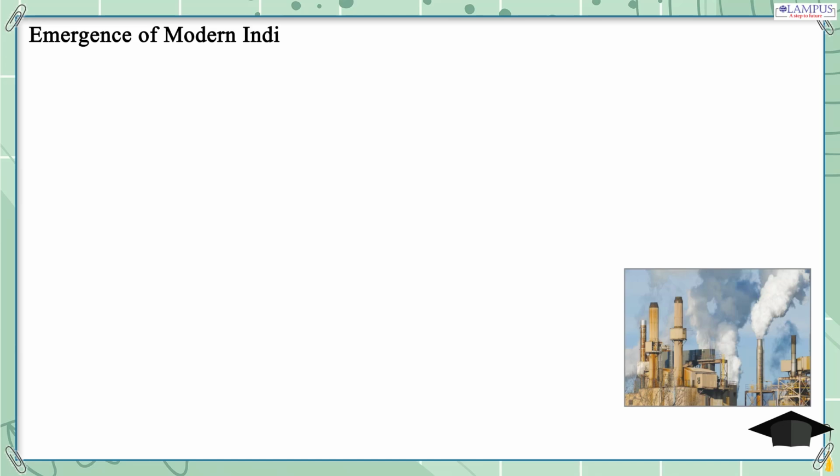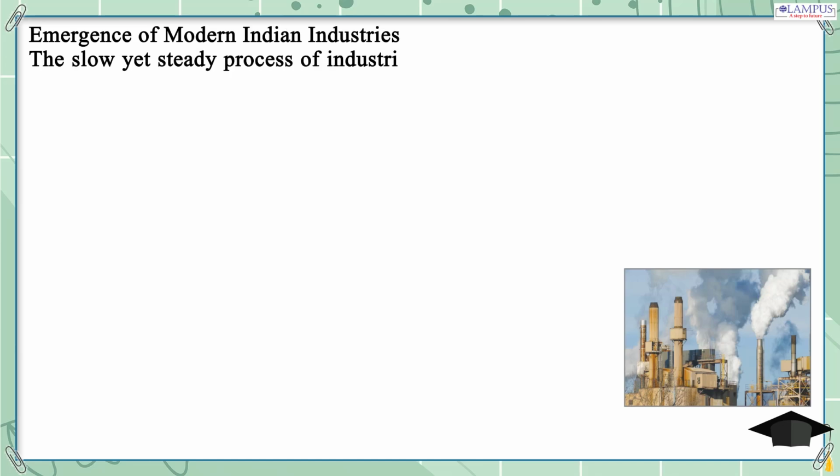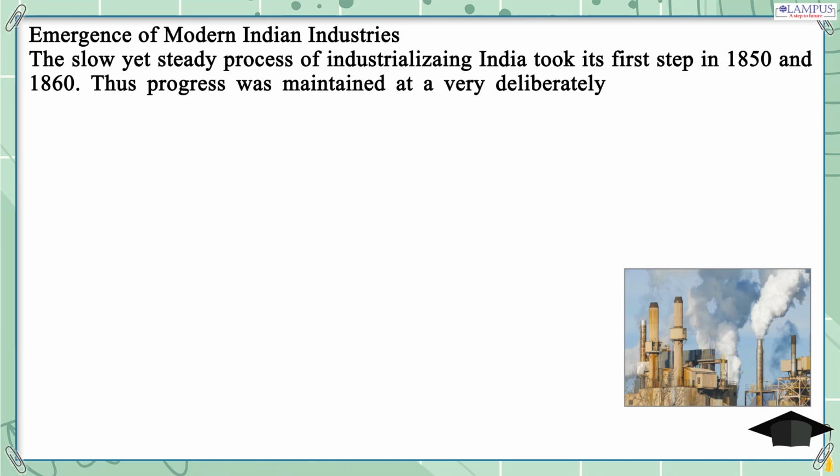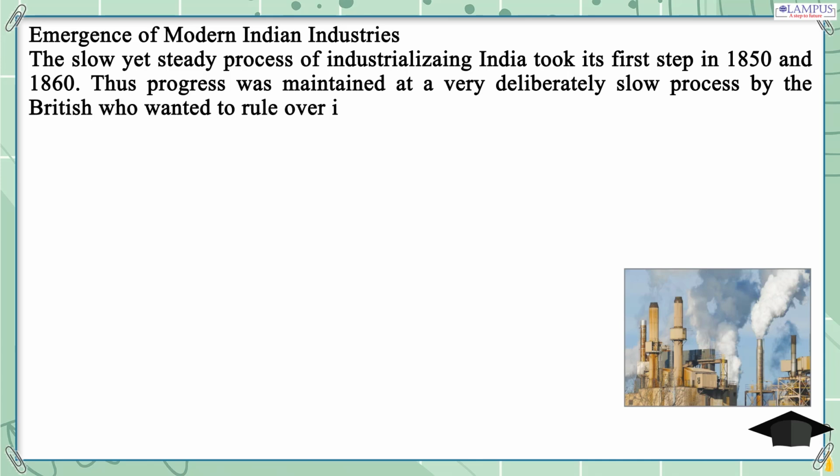Emergence of modern Indian industries: The slow yet steady process of industrializing India took its first step in 1850 and 1860. Thus progress was maintained at a very deliberately slow pace by the British, who wanted to rule over India as a source of raw material and wealth for the UK.